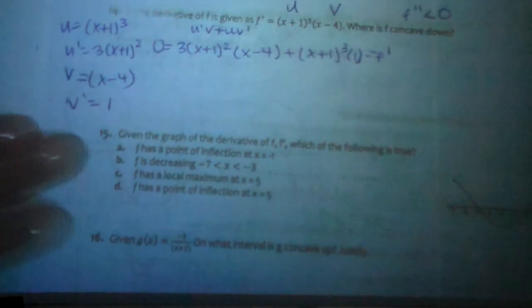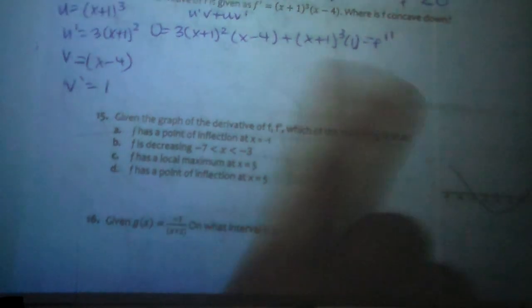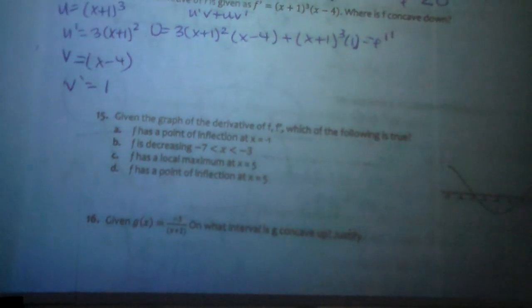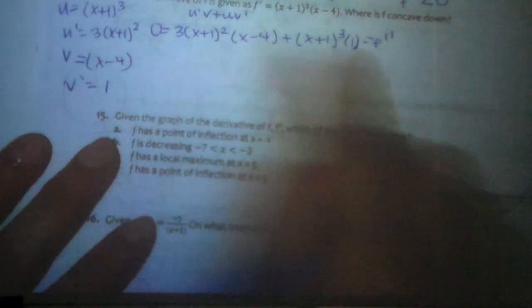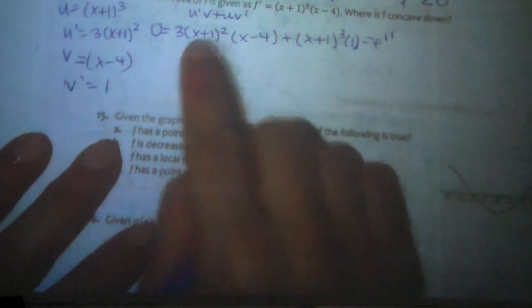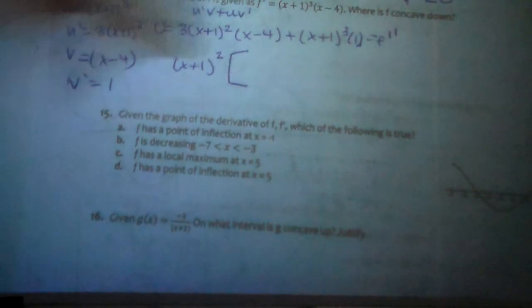Set that equal to 0 because that's my f prime. And I'm trying to find, oh, so this is my f double prime. And I'm trying to find where it equals 0. So I'm going to factor out. I see x plus 1 in both of them. This has a square, this has a cubed. So x plus 1 squared is common to both of them. When I pull out the x plus 1 squared, I'm left with 3 times x minus 4.